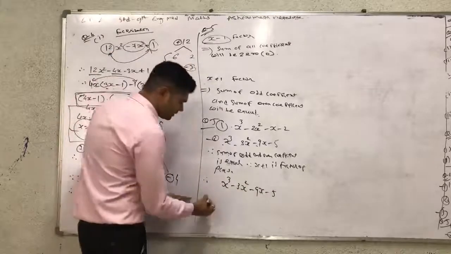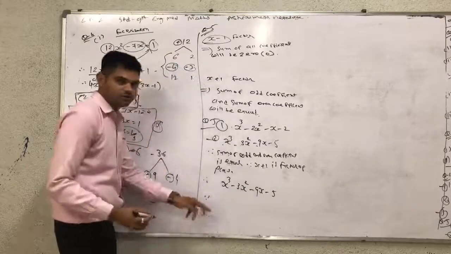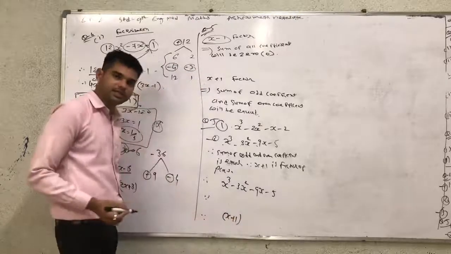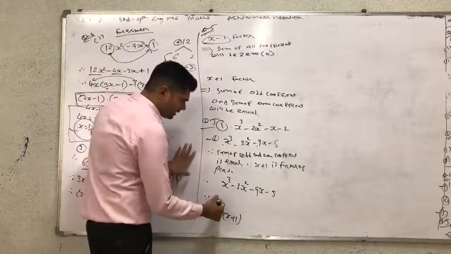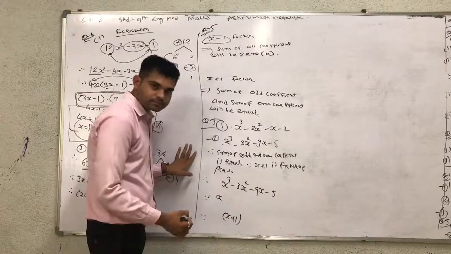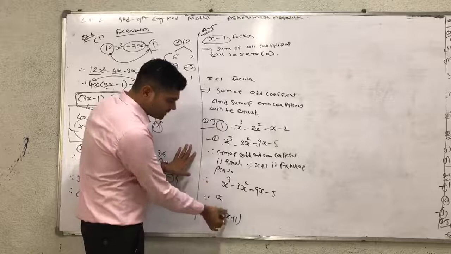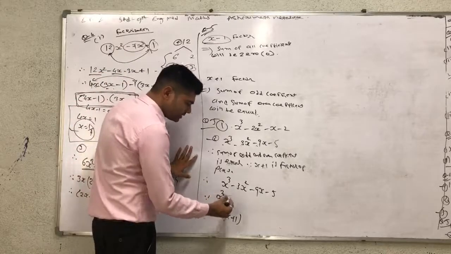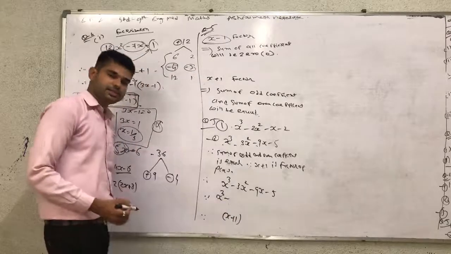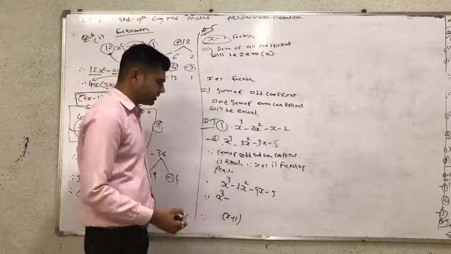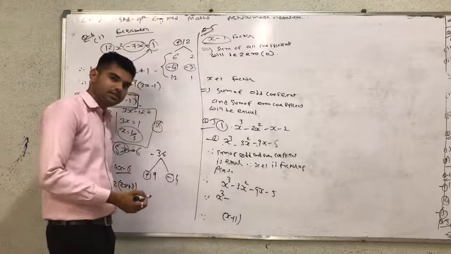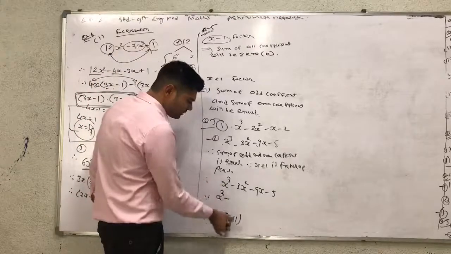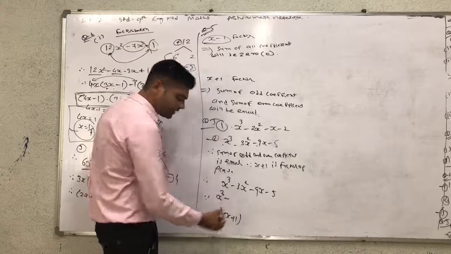Start, remember, be careful here: first x plus 1 is a factor, so take this term common. In the term, x will be common, so the remaining term is x plus 1 common. So the answer is x cube, minus which term is written? X plus 1 is common in x cube, it means x square.